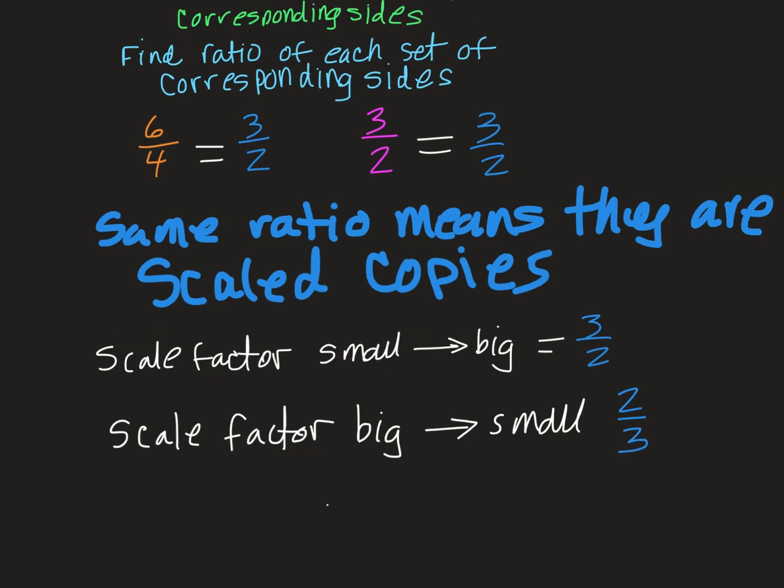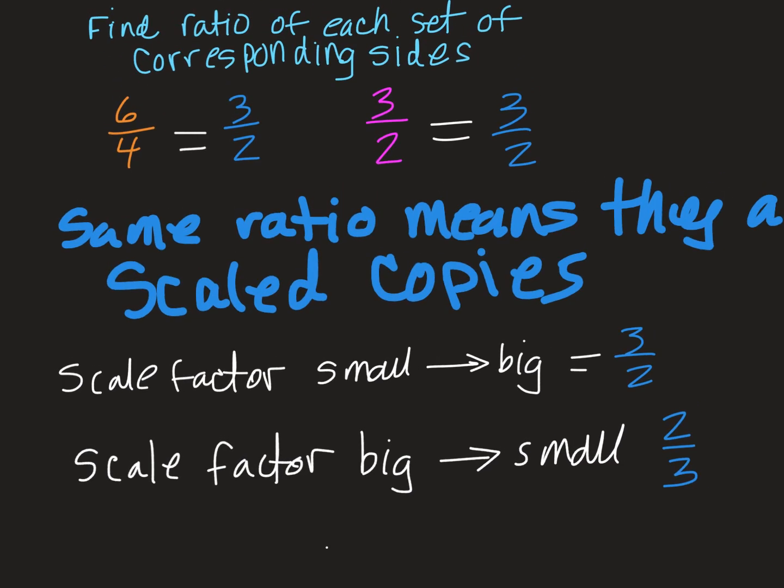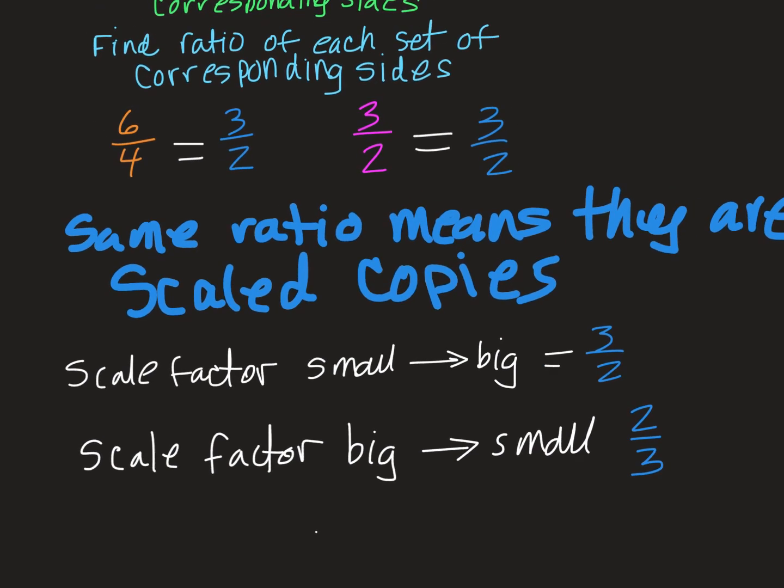So this, not only checking to see whether or not they have the same ratio, not only does it tell you, yes, they're scaled copies or not, but that also gives you the scale factor. So if you go from a small to the bigger copy, you need a numerator that's going to be larger.